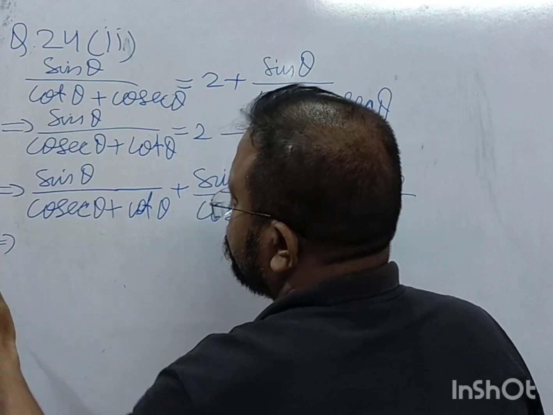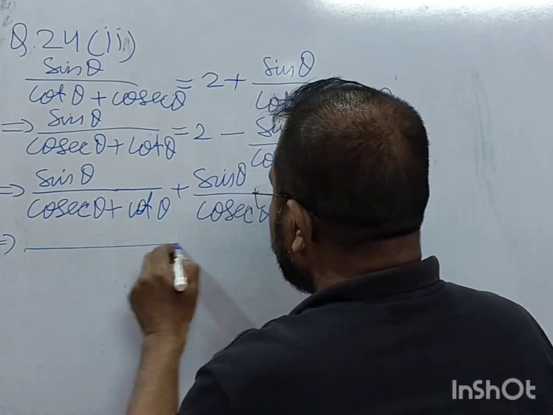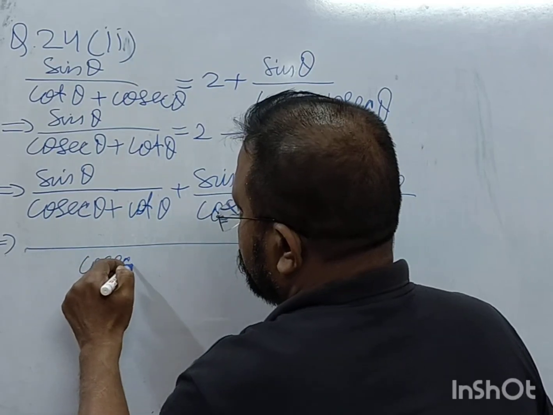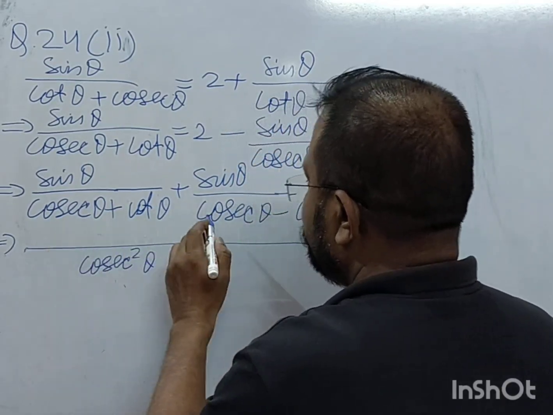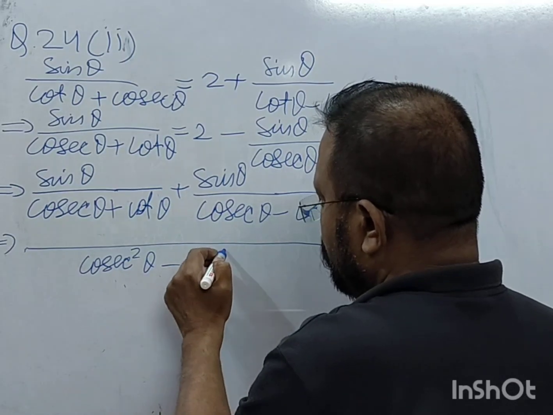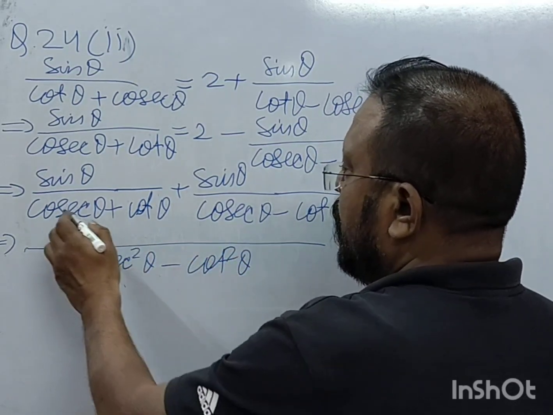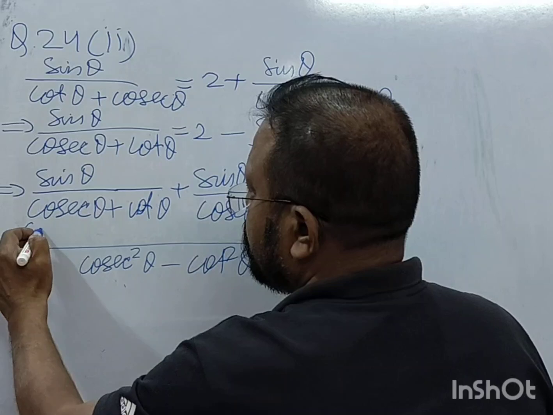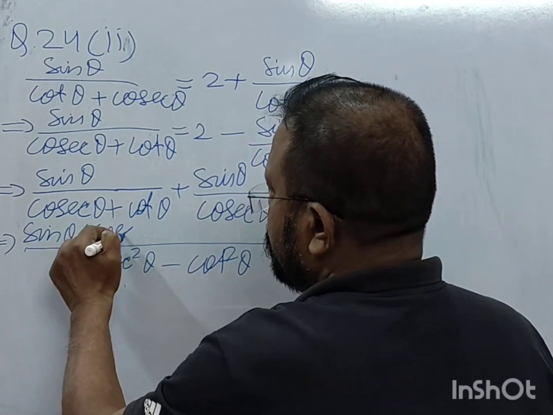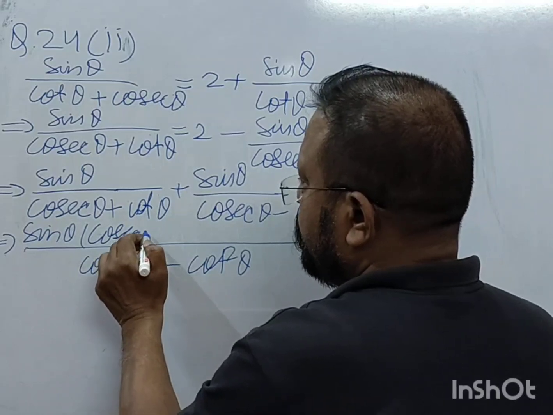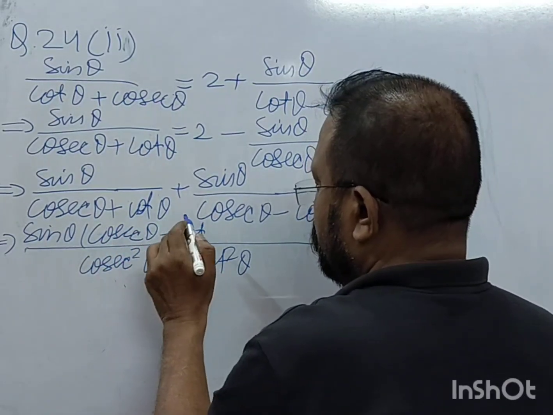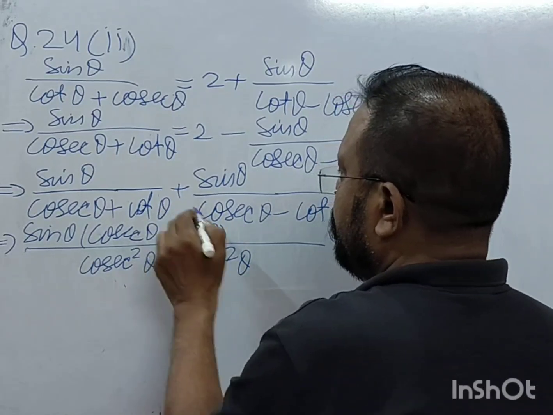Now what you do? Cosec square theta minus cot square theta, they get multiplied. So there is sin theta bracket cosec theta minus cot theta, right?